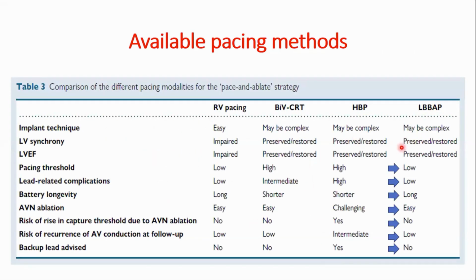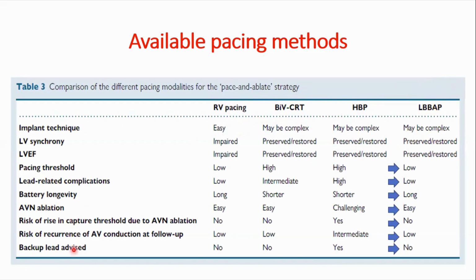Before we start, we have to review the available pacing methods currently. We have RV pacing, either apical or septal, or wherever you implant your lead, and the biventricular pacing with CRT, the His bundle pacing, and the left bundle branch area pacing.